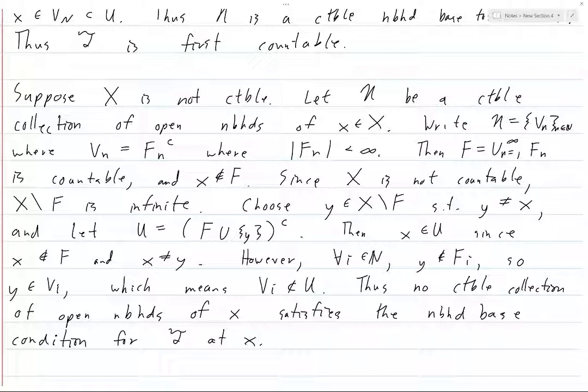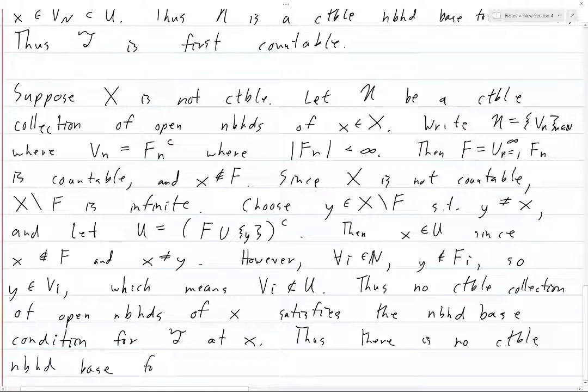Okay. Thus, there is no countable neighborhood base for tau at X. Or in other words, let's erase that and replace it with what we want. Thus, tau is not first countable.